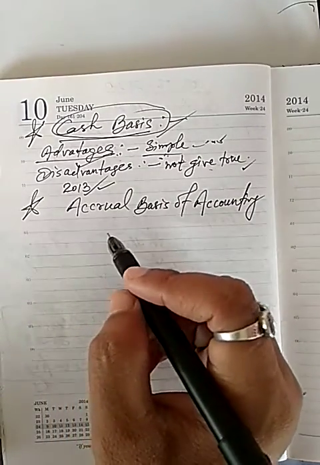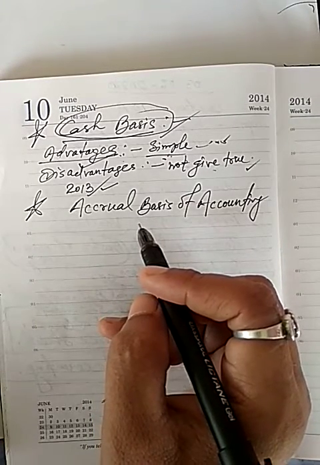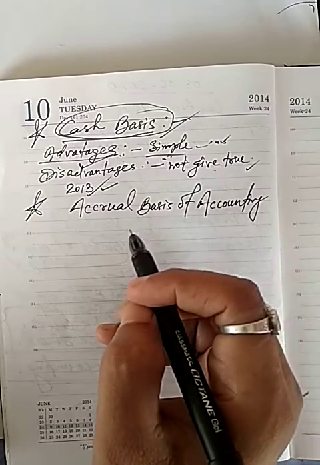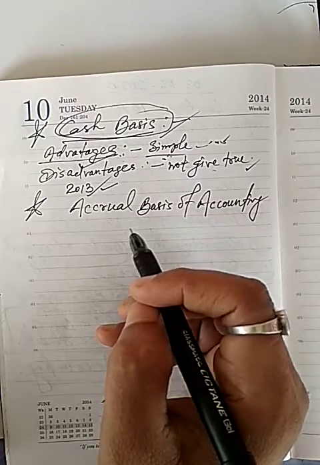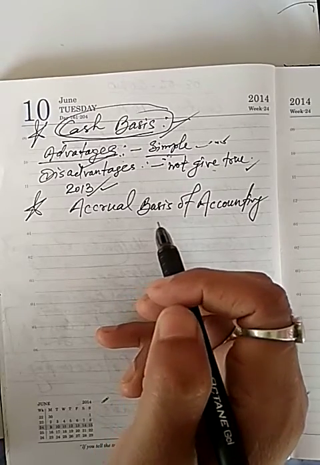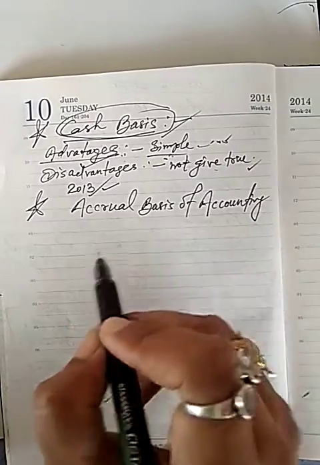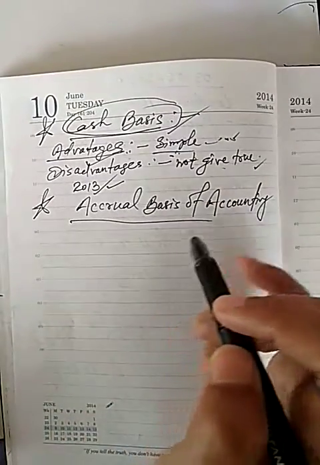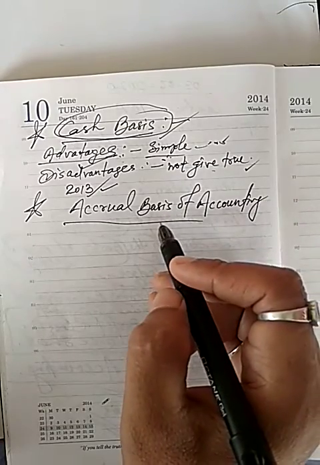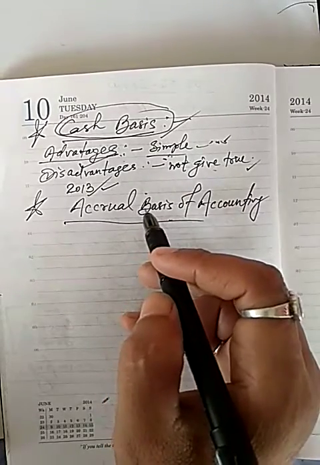Hence, in accrual basis, profit or loss of a particular period is the result of matching of the revenue earned and expenses incurred during the period. This makes it necessary to consider outstanding expenses, prepaid expenses, accrued income, income received in advance, etc.